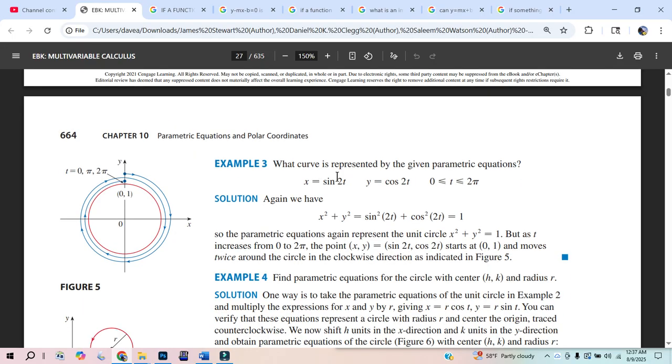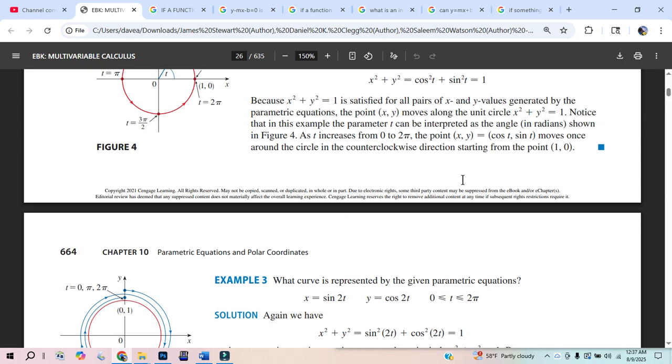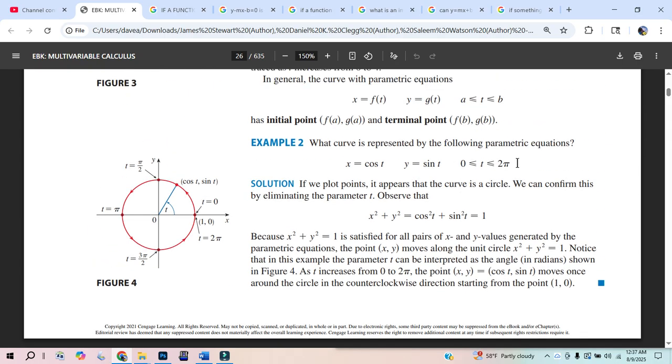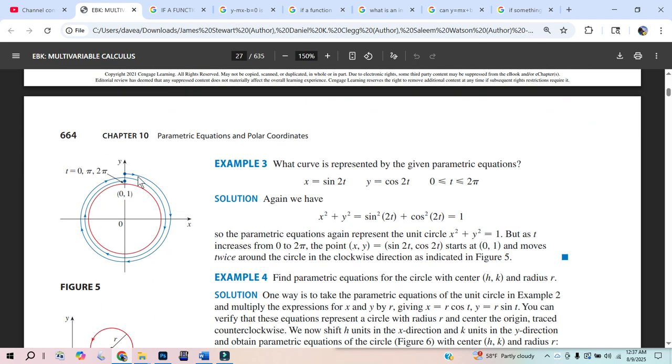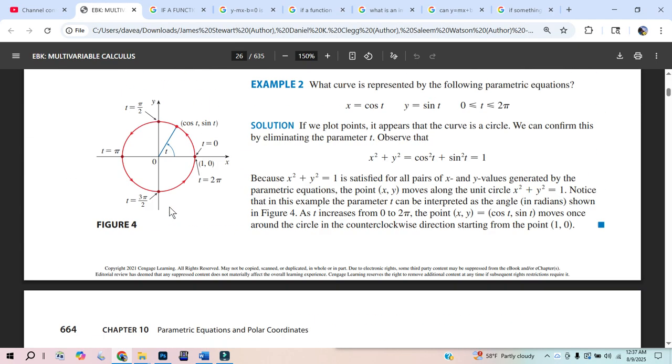But what this says is you can think of this as an angle multiplied by a constant, and this constant gives you how many times the thing is spinning. That's kind of interesting. If the intervals of time are the same, this one spins twice, this one spins once.